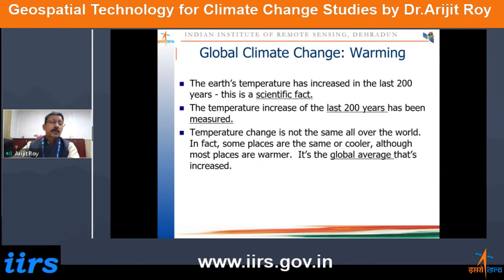It's also observed that this temperature change is not the same over the world. In fact, in the polar regions and in the higher altitudes, the temperature increase is significantly higher than those in the tropical regions or in the warmer latitudes.